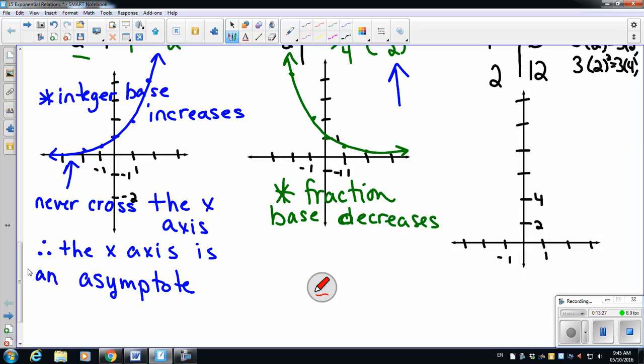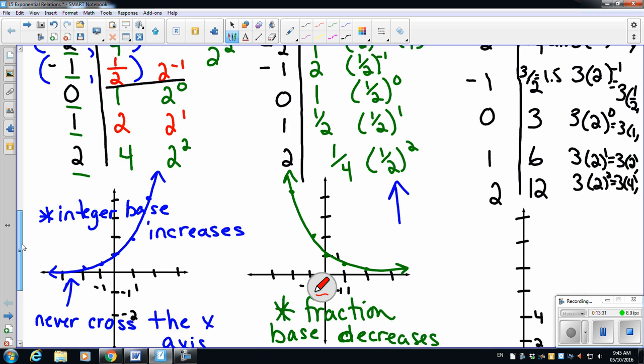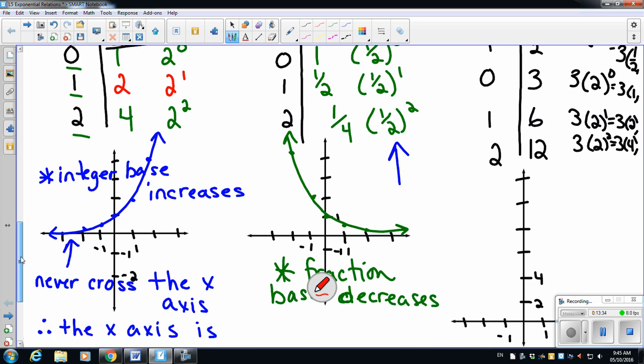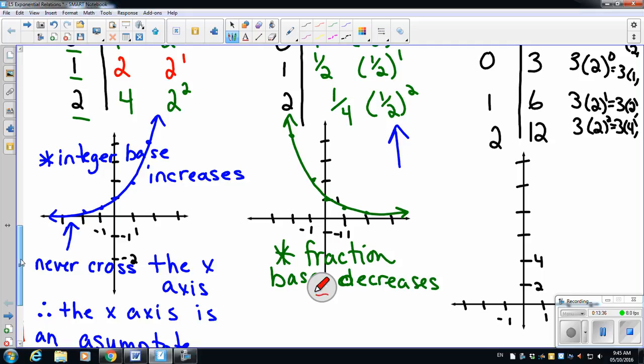And then I'm going to put my points on. -2 and 0.75. -1 and 1.5. 0 and 3. 1 and 6. And 2 and 12. And there's our lovely shape running along the x-axis, the asymptote.